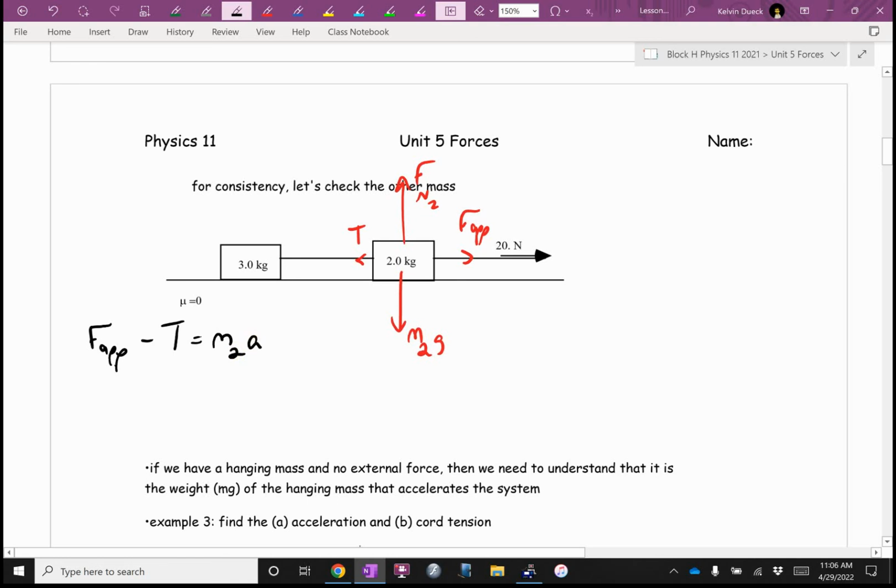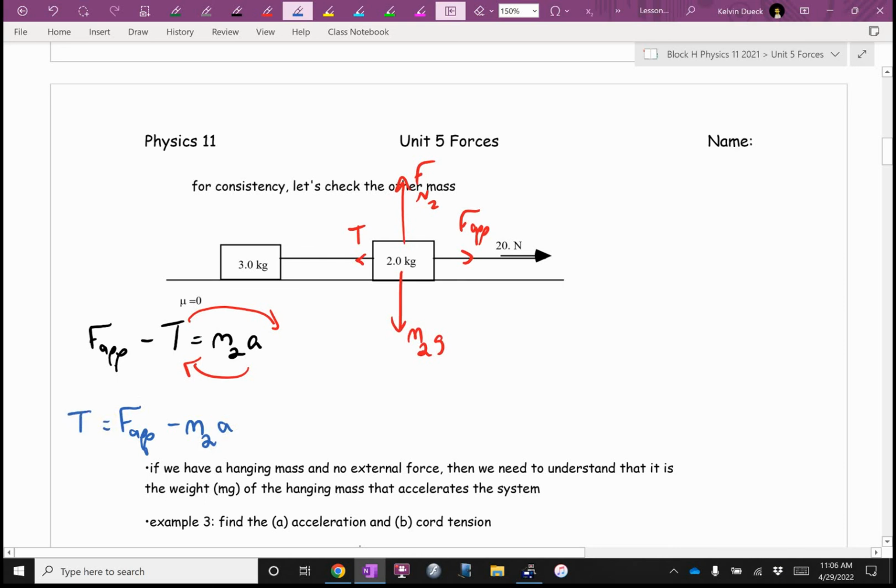I'd like to find tension. What's right in front of the T that I don't like? Swap it to get rid of the negative. I'm going to plus that there, minus that there. I'll get F applied minus M2A. And then, instead of writing equals T, can I put the T equals on this side?